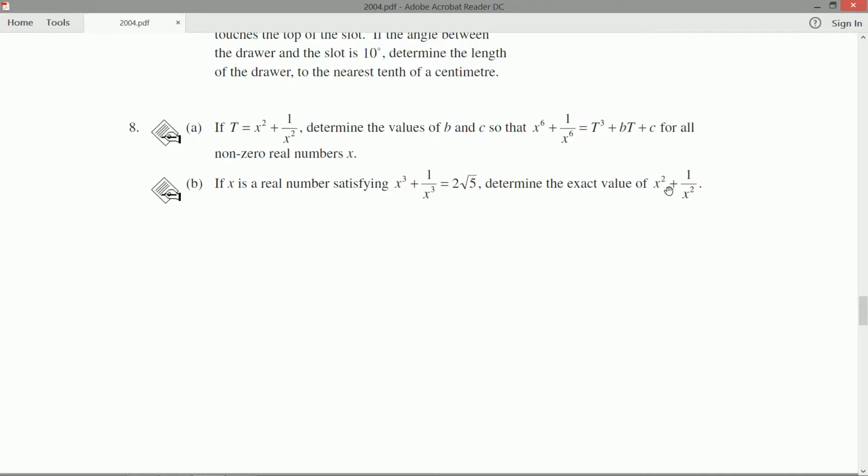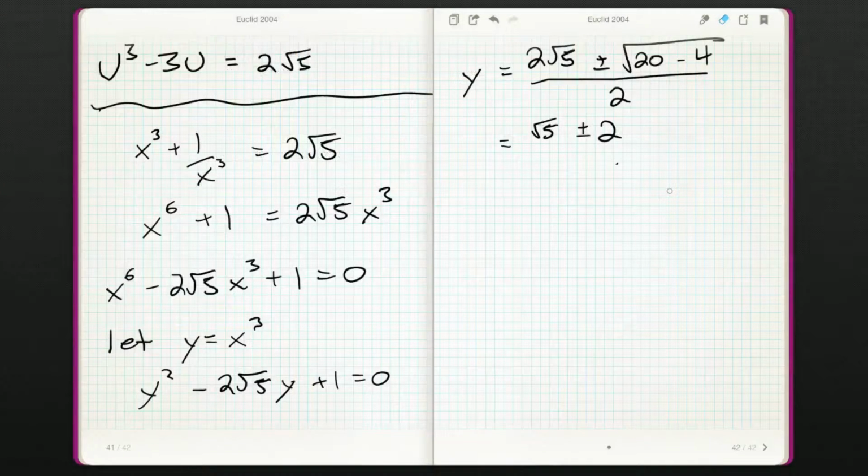Now, do I want to rearrange this equation, or do I just want to go for it? So we want this, and it'll be some value, I don't know, v. And we get x to the 4 minus vx squared plus 1 is equal to this.